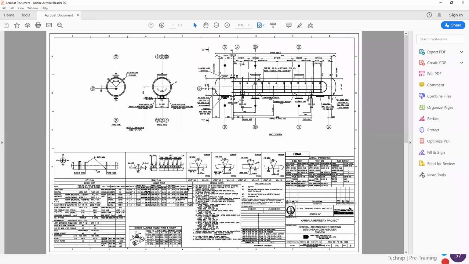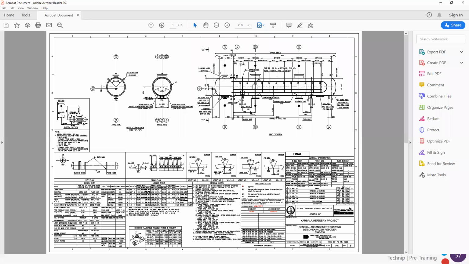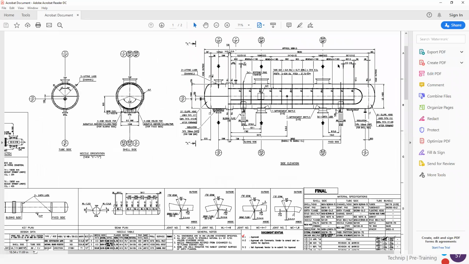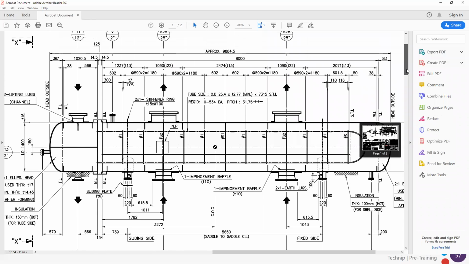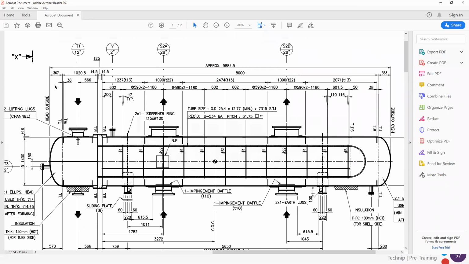So now we are going to see the mechanical drawing. As you can see here, we have a B head. And in the shell, we have X type with 2 shell side inlet nozzles and 2 shell side outlet nozzles. And we have U tubes.